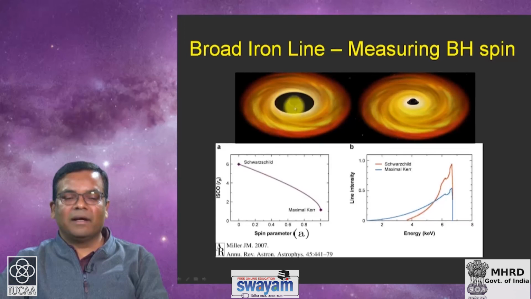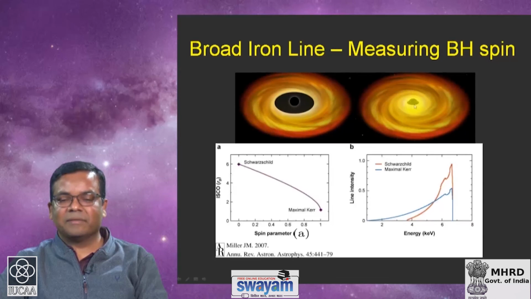For example, if the black hole is not rotating, that is the Schwarzschild black hole, in such a case the disk is truncated at 6 times the gravitational radius, while if it is rotating very fast, a Kerr black hole, the accretion disk will be truncated at about 1 RG.